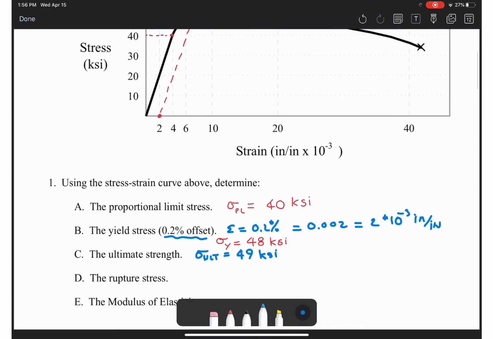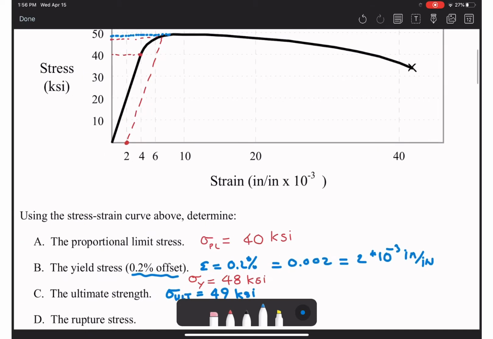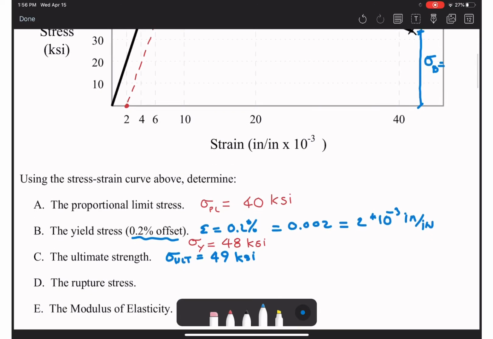Rupture stress or breaking stress. Let's mark that in blue there. In the book they call it breaking strength, and this is also the rupture stress.